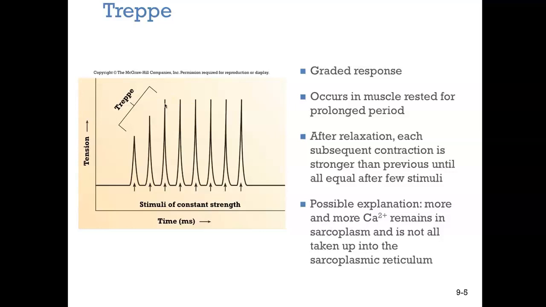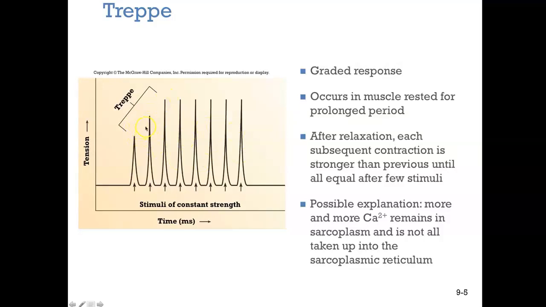It's because we have our calcium that would be around our myofibrils here, and within the first few contractions, the calcium in our sarcoplasm, surrounding the actin and the myosin, is going to stick around. That's why we are more efficient when we contract the next time.